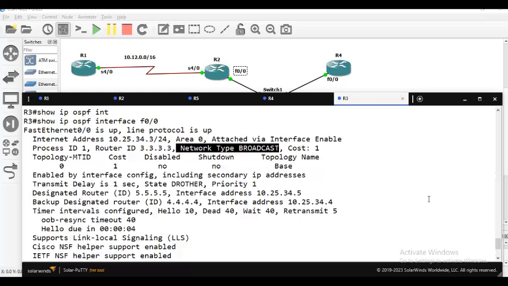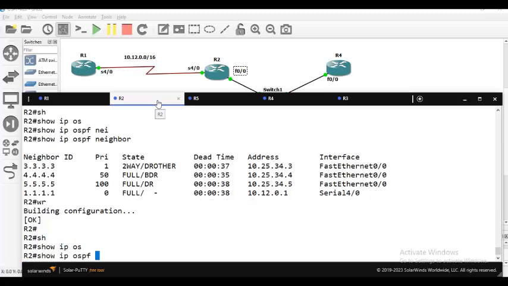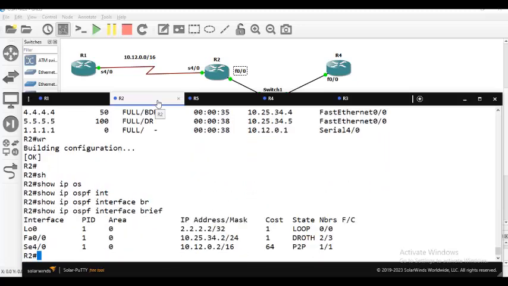And the default priority, if you want to see, you need to say neighbor, or you can go under the interface. Show IP OSPF interface serial 4/0. There won't be any priority. And it is point-to-point. On a serial link, network type is point-to-point, where there is no DR-BDR election.